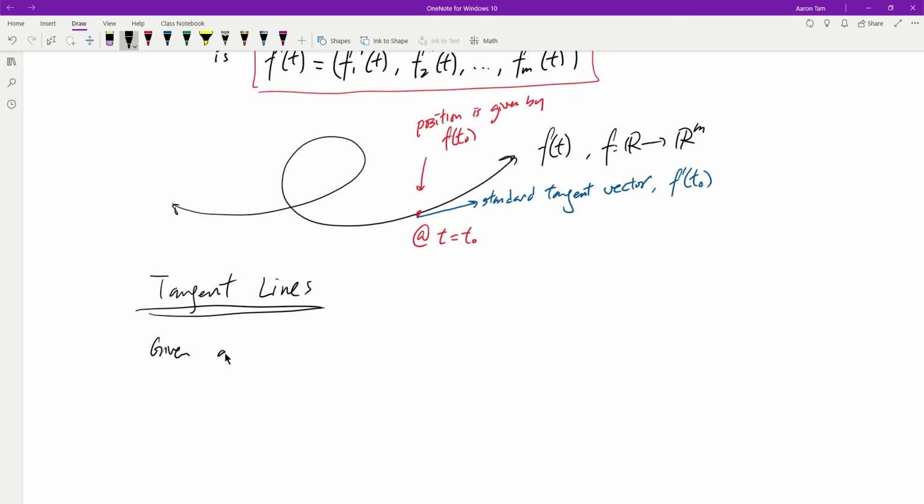So what we're going to try to do is the following: write the tangent line to a curve. Let's say given a curve in R^m, let it be represented by the function f that maps from R to R^m.